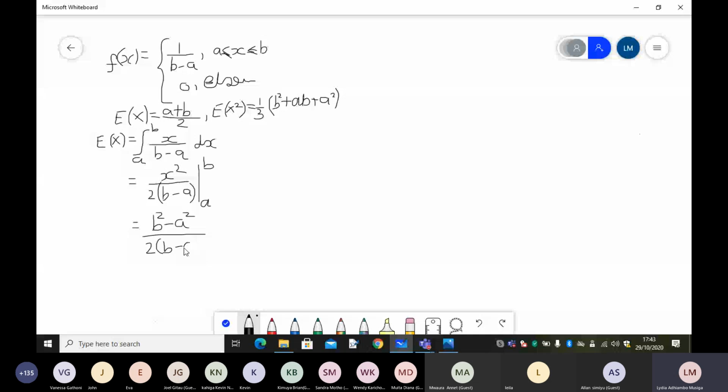And what is this equal to? b squared minus a squared is a difference of two squares, so it is b plus a into b minus a, divided by 2 into b minus a.